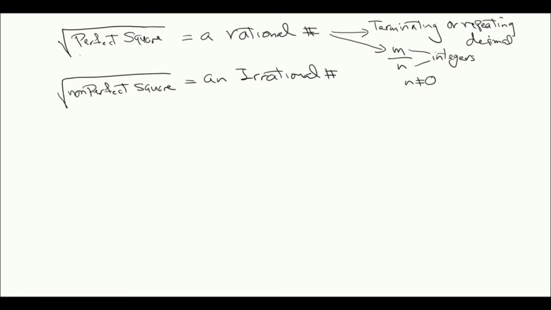And what is an irrational number? The exact opposite. It is neither terminating, so we say it's non-terminating, nor repeating. So you'll get a non-terminating, non-repeating decimal, and there's no way you'll be able to write it as a fraction of two integers.